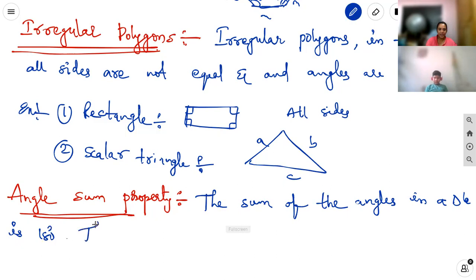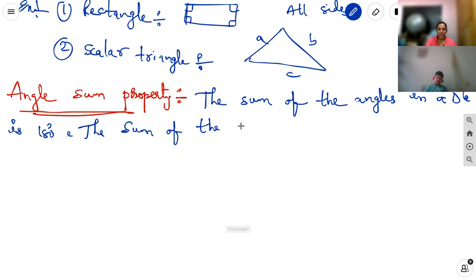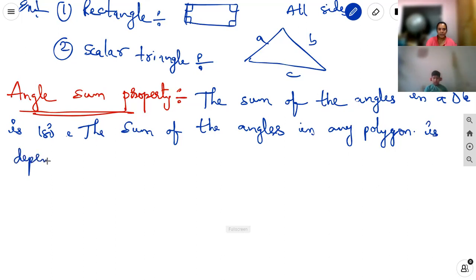In the same way, the sum of the angles in any polygon depends on the line segments.